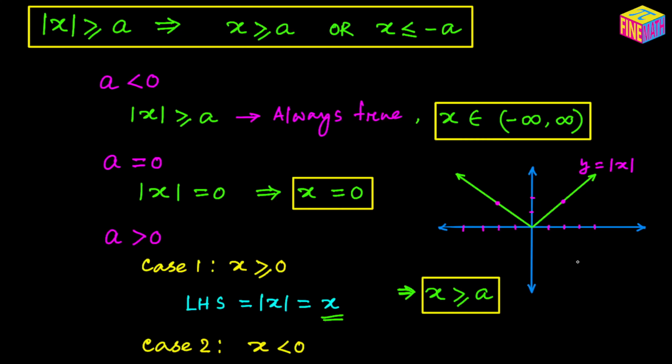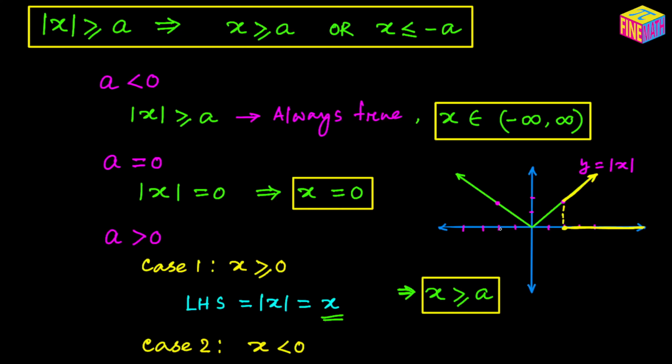So if somebody says that modulus of x, so in this graph the value of y, is greater than or equal to 2, then you can clearly see that the solution would be the value of x must be beyond this point, meaning starting from here, any values of x greater than 2 will give us a value of y which will be greater than or equal to 2 right here. So starting from 2, any values of x will give us a value of mod x which will be greater than or equal to 2.